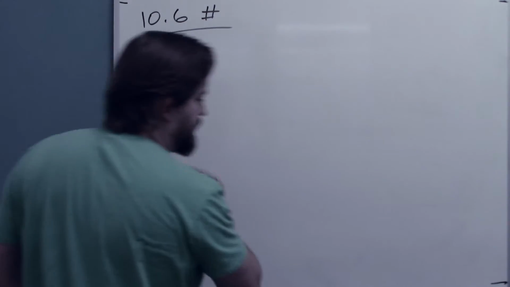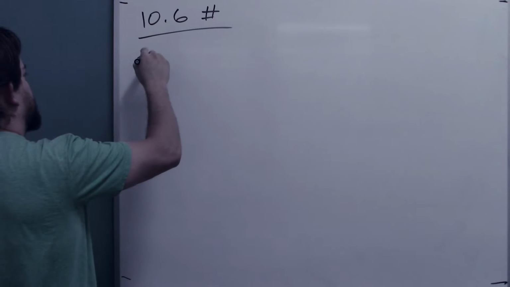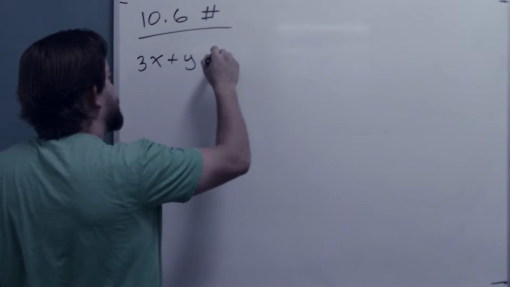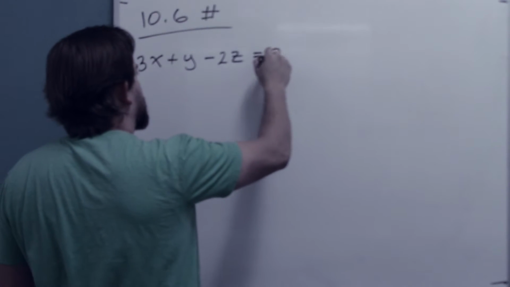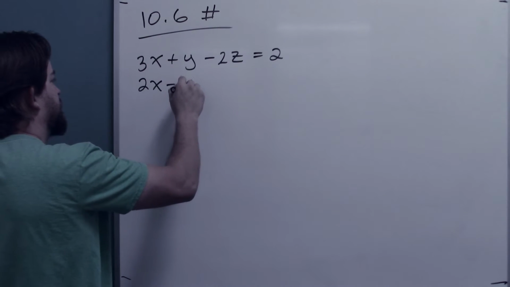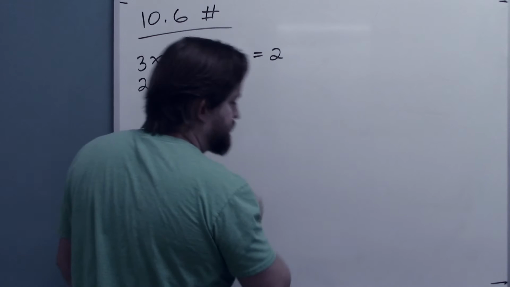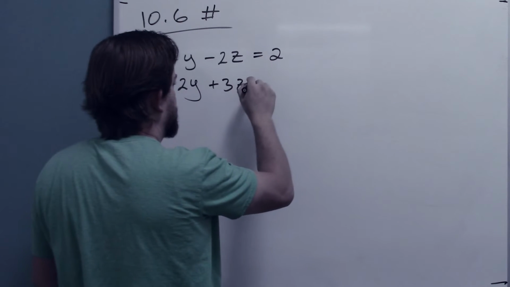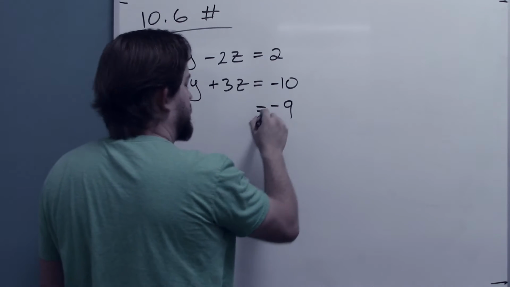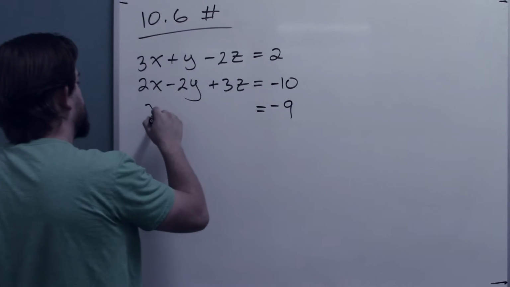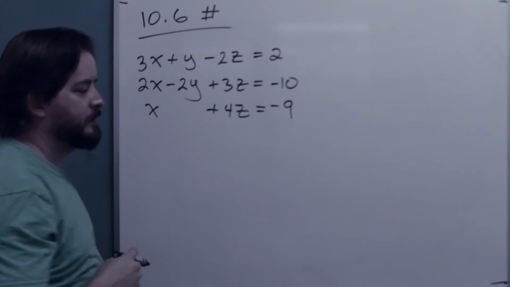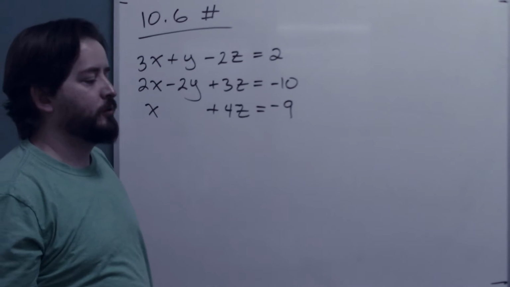I've got a system: 3x plus y minus 2z equals 2; 2x minus 2y plus 3z equals negative 10; and x plus 4z equals negative 9.